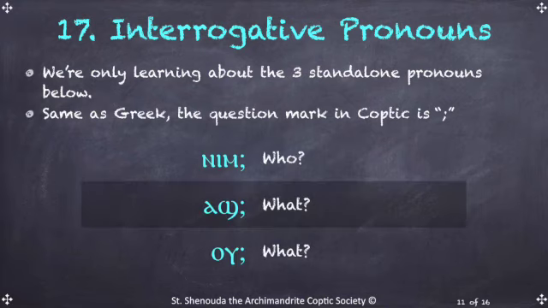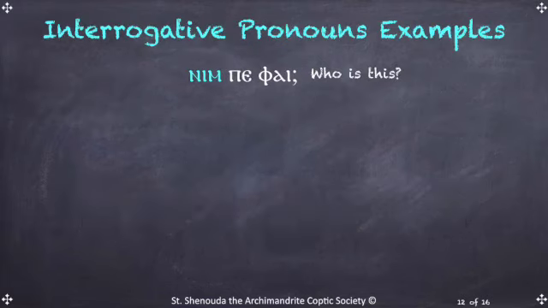The 3 interrogative pronouns for today are nim, meaning who, ash, which means what, and u, which means what as well. Here are some examples of how these pronouns are used in a nominal sentence.